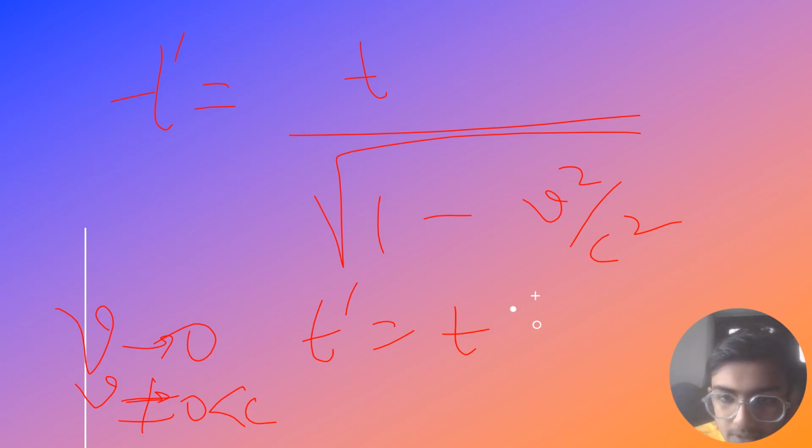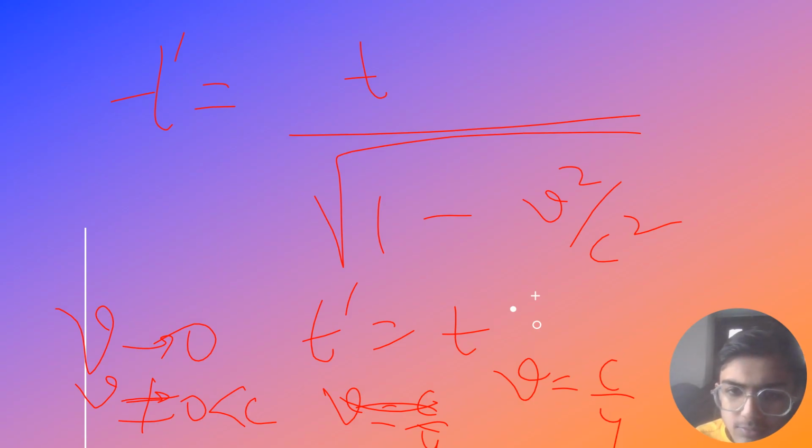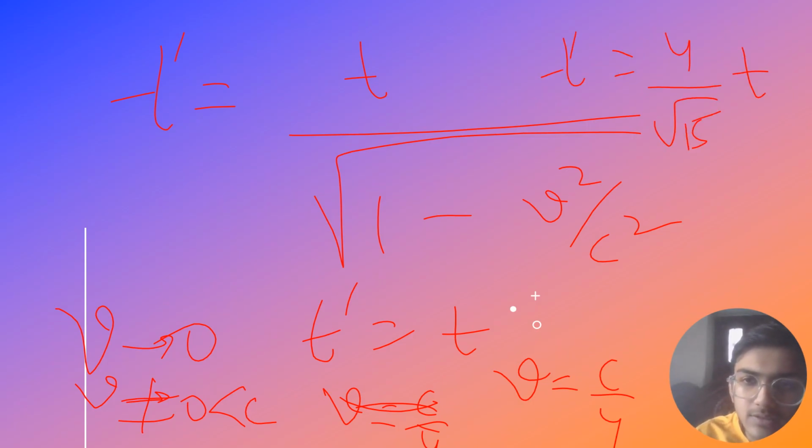Suppose v is c by 4, just for example. Then v square over c square is 1 by 16, and 1 minus 1 by 16 is 15 by 16. So t dash will be 4 over root 15. Now 4 over root 15 will be around what?